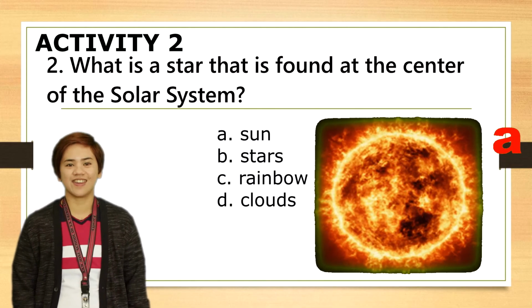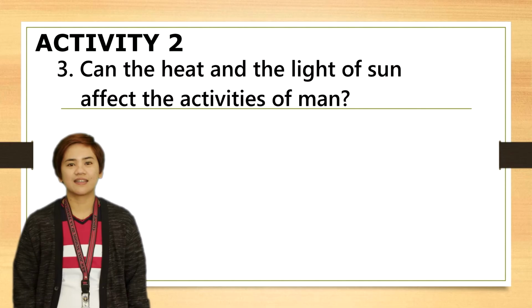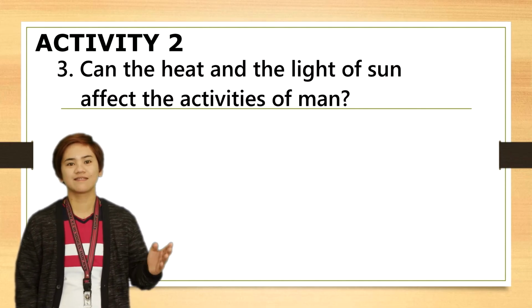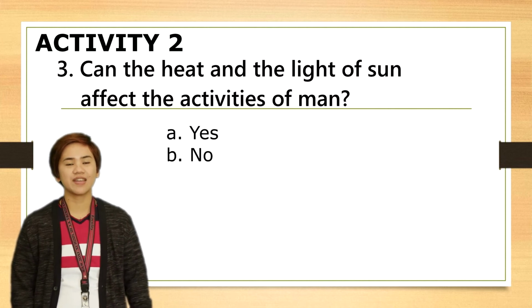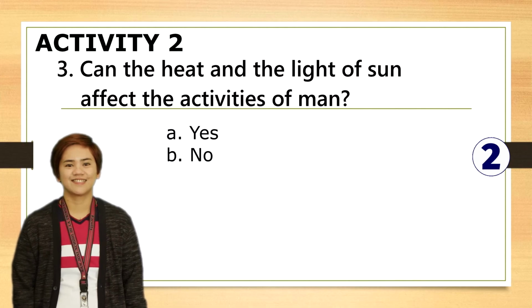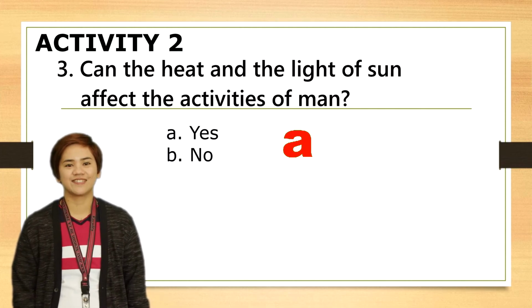The answer is A. Number 3. Can the heat and the light of the sun affect the activities of man? A. Yes. Or B. No. Correct. It's a yes. Letter A.